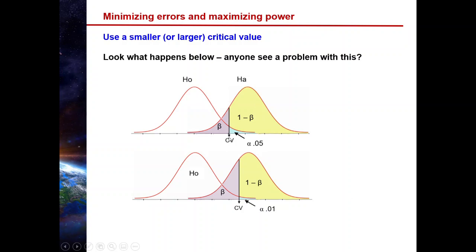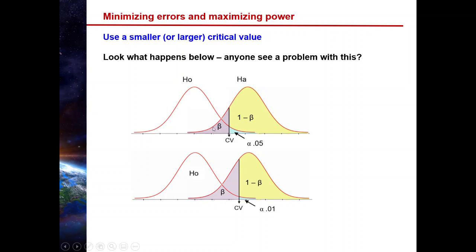So we can move this critical value either to the right. In other words, if we move it to the right, we're making it larger. It's a bigger number. Or we can take this critical value and we can just simply slide it to the left and make this a smaller number. All right. So let's look at where it is right now, and we see that alpha is a pretty small area, so the risk of making a type 1 error is pretty small.